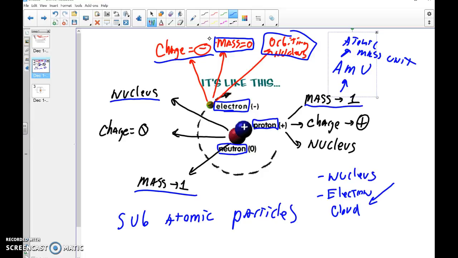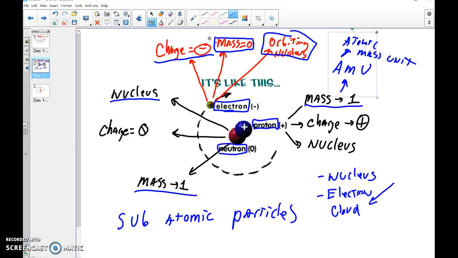So protons have a mass of 1, a positive charge, and are in the nucleus. Neutrons have a mass of 1, no charge, and are in the nucleus. Electrons have a functional mass of 0, a negative charge, and are outside the nucleus, orbiting the nucleus. These three pieces, protons, neutrons, and electrons, make up every single atom.